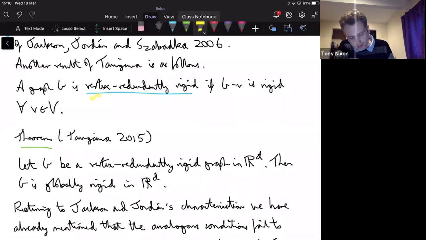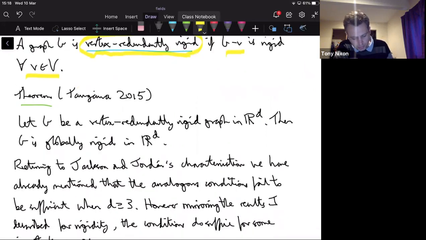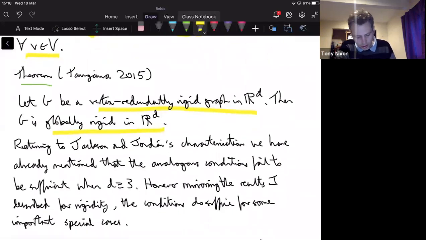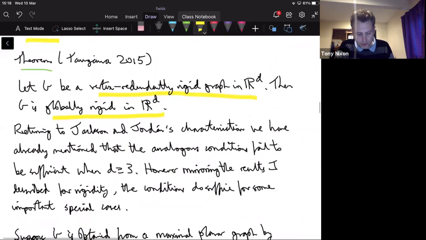The idea is that a graph is vertex redundantly rigid if for every vertex in the graph, throwing that one vertex and all its incident edges away maintains rigidity. So, for example, if you have a very high degree vertex, it's quite a strong condition saying that throwing it away, you don't lose the rigidity. But given this condition, Shinichi was able to prove that all vertex redundantly rigid graphs are globally rigid in any dimension. So I think this is a nice result. I won't go into any of the proof, but I just wanted to flag up the result for those of you interested.